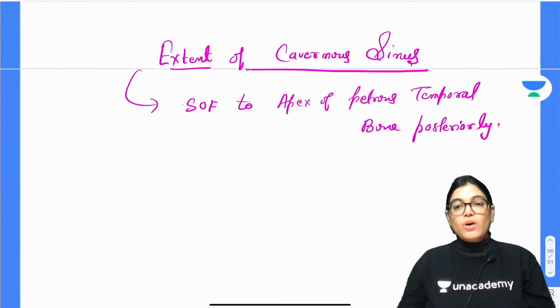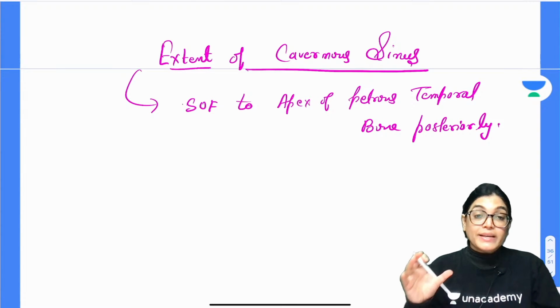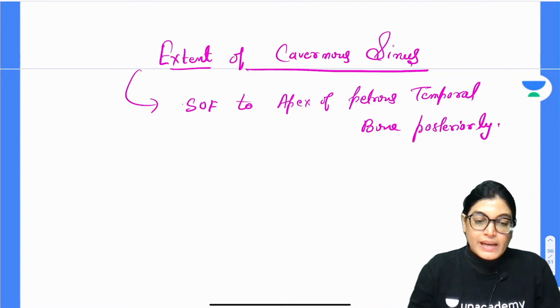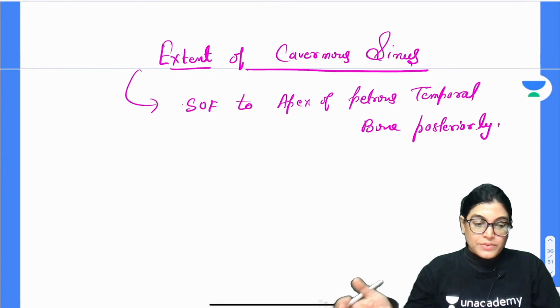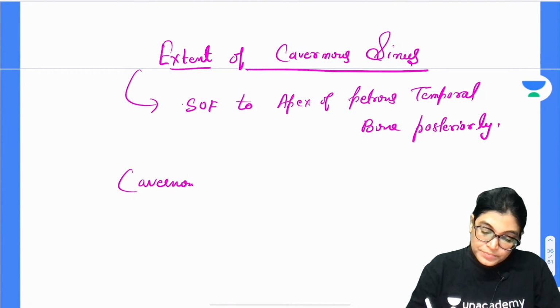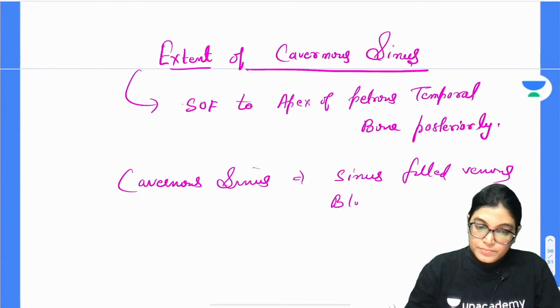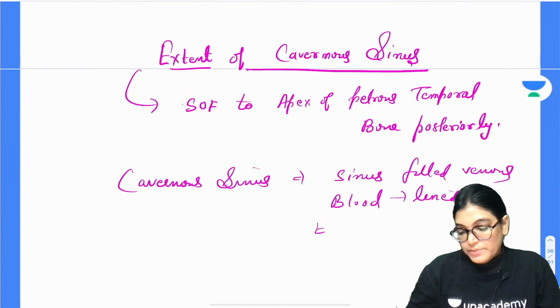So actually, if I talk about cavernous sinus, it is a sinus filled with venous blood. It is one of the dural venous sinuses, a paired dural venous sinus containing venous blood, lined by endothelium.